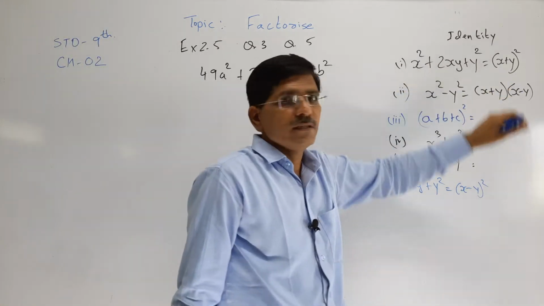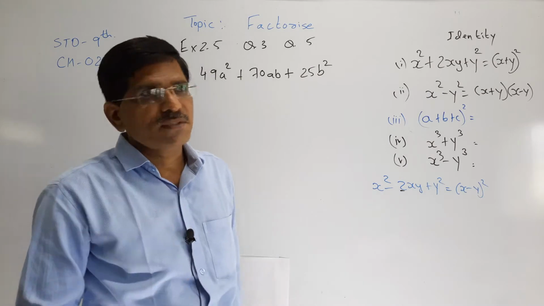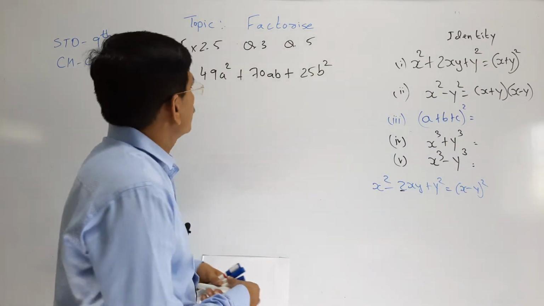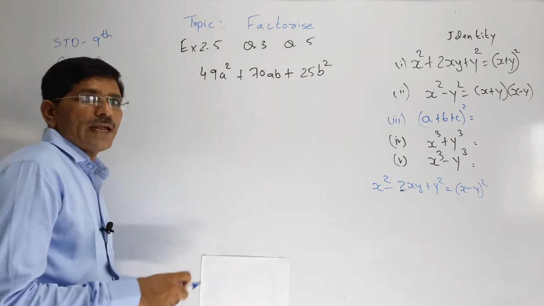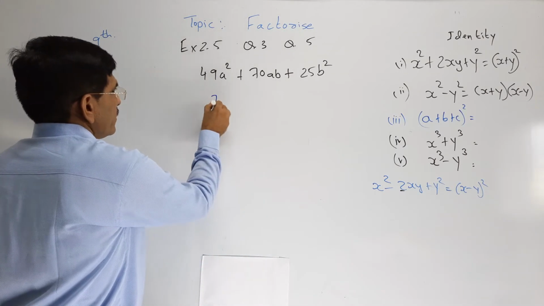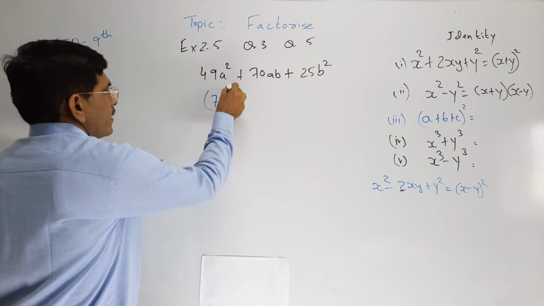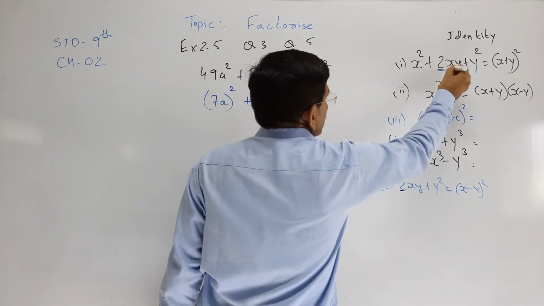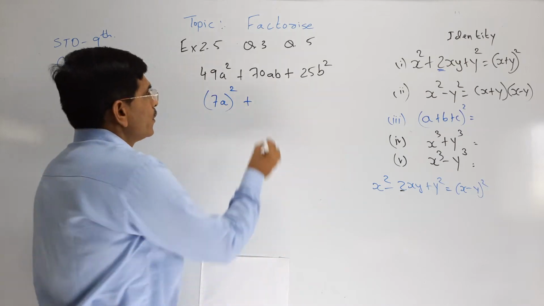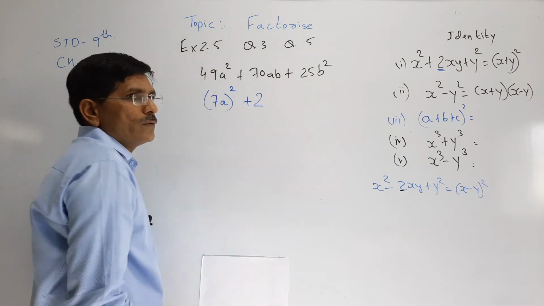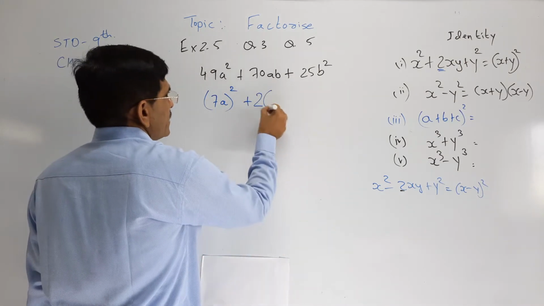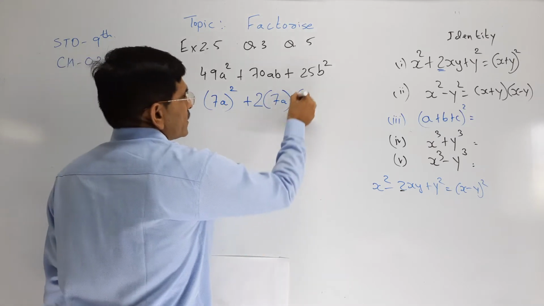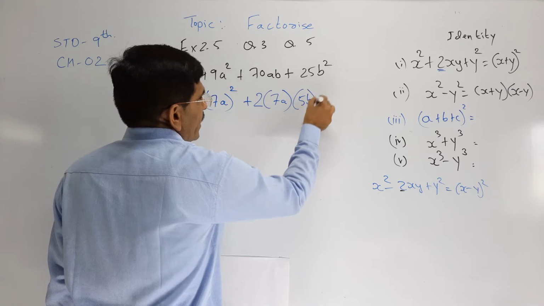When three terms are there, the answer must be in two terms. So, 49 is the square of 7, so I have to write 7 square plus 2 times 7a times 5b. Why am I writing 5b?